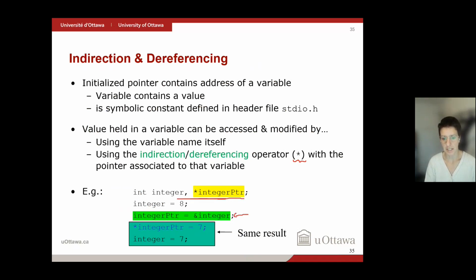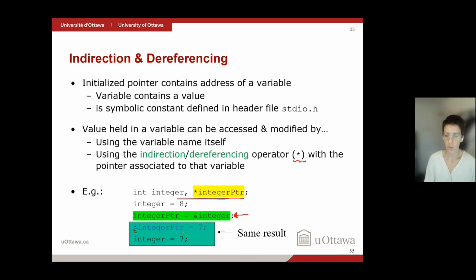We've initialized integer pointer on this line, okay? And then integer pointer is a pointer and it points to the address of integer. And so in order to modify the contents of the variable integer, I'm going to use my star operator, so star integer pointer, and I'm going to give the new value that I want the variable integer to hold.